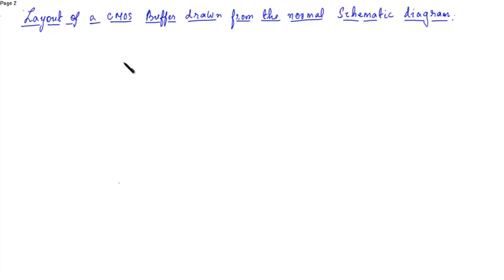So this is the N well. Then we have to draw the P diffusion in order to draw the PMOS.